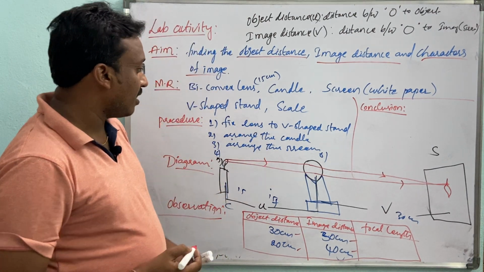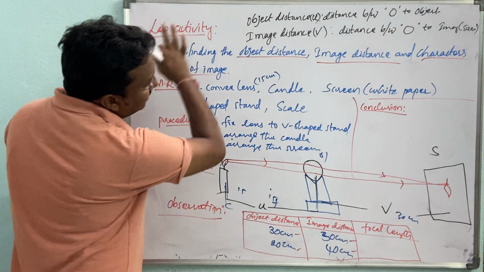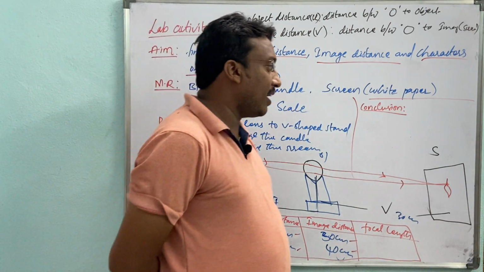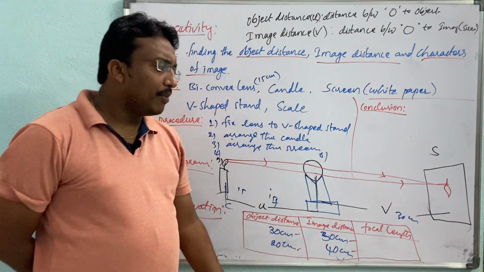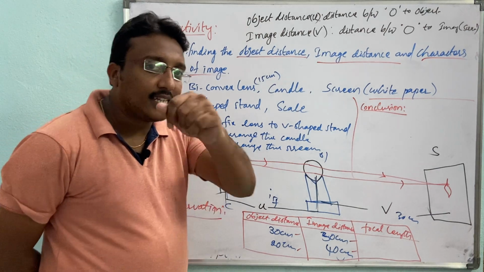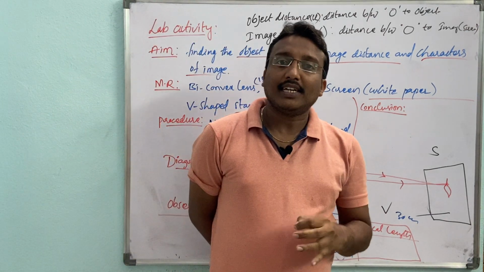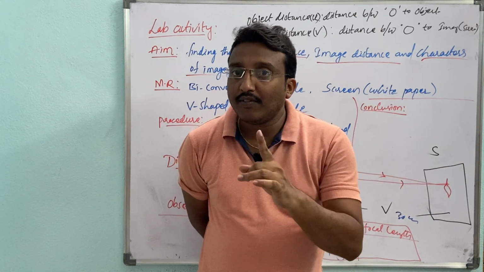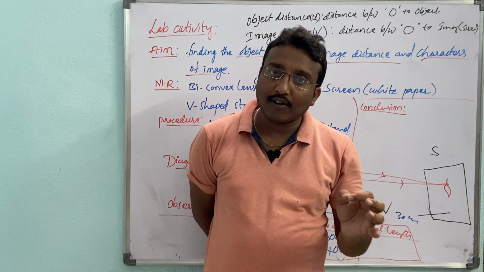Sir, here is my simple question. In all the cases, is the image formed on the screen? No. In one situation, the image is not formed on the screen. That is when we arrange the object between the optic center and focus.